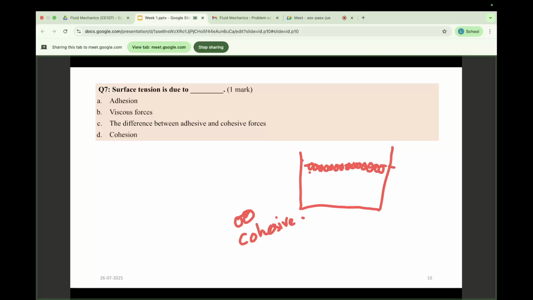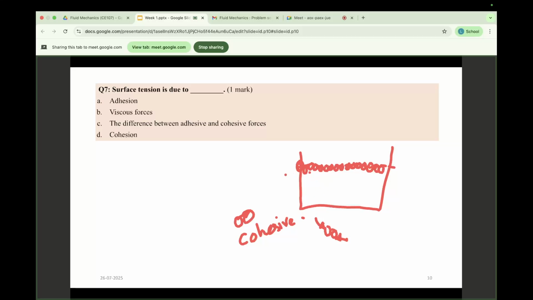And if it's between the wall and the liquid, say the wall at the microscopic level is made up of some material, and the liquid has some molecules. If there is interaction between the molecule of the wall and the molecule of the liquid, then it is known as adhesion. So that means it should be two different ones.